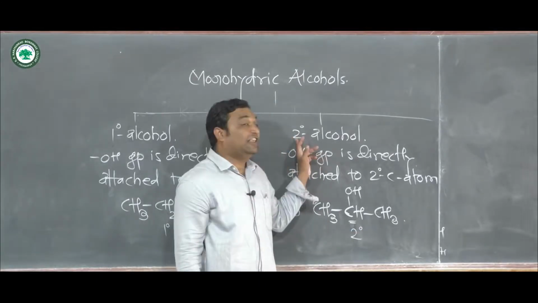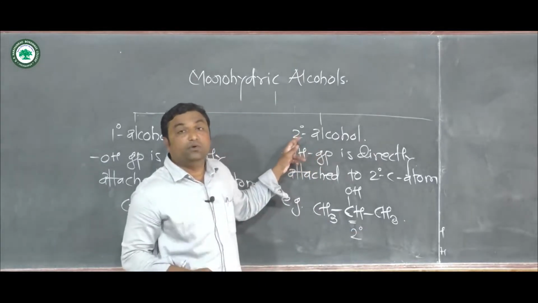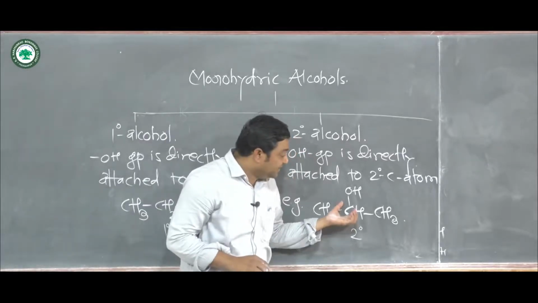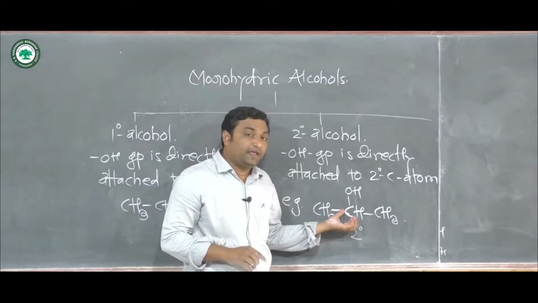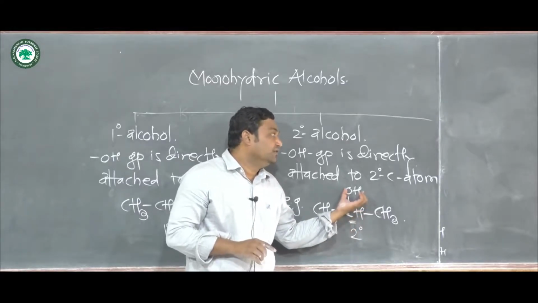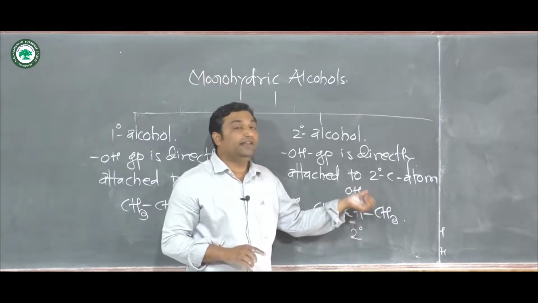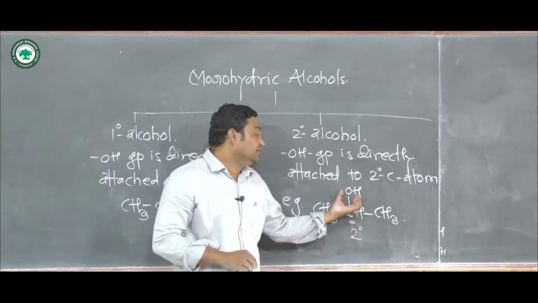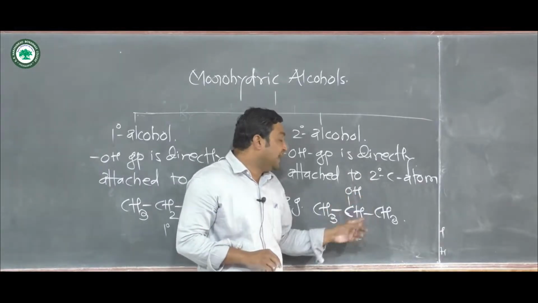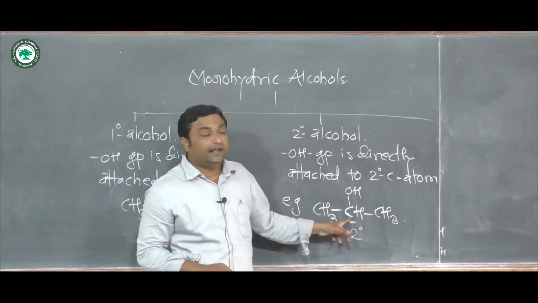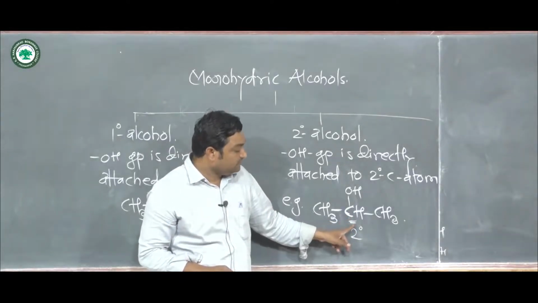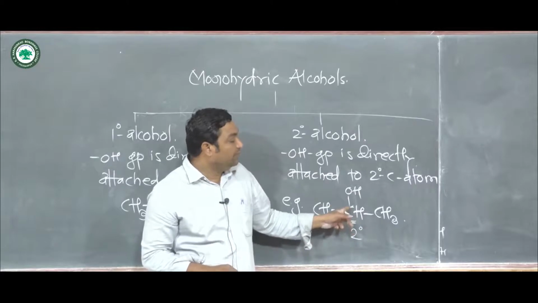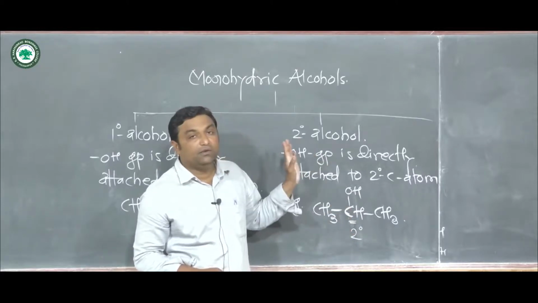And as per the definition of secondary alcohol, this secondary carbon atom, if it carries an OH group, then it becomes secondary alcohol. Or we may say that the OH group is directly attached to secondary carbon atom. That's why this molecule becomes secondary alcohol.